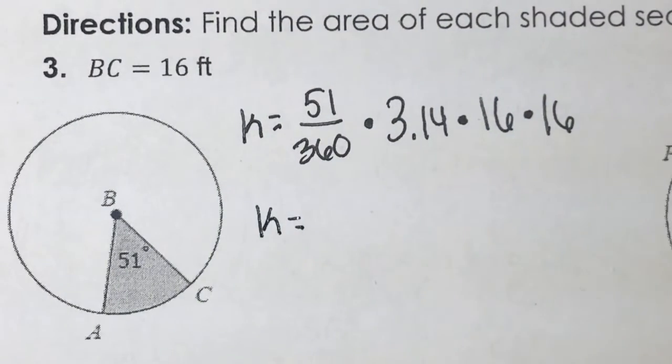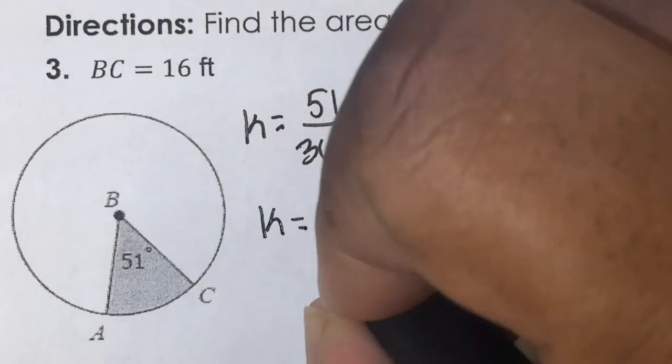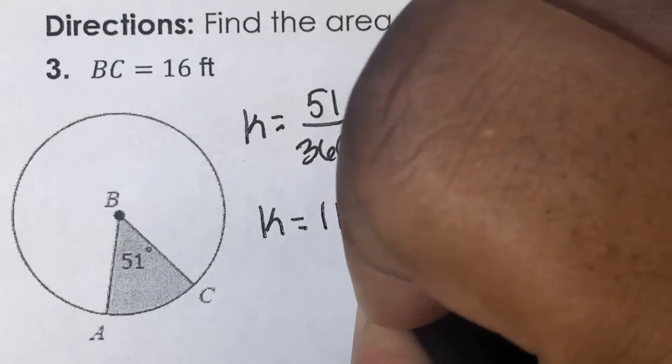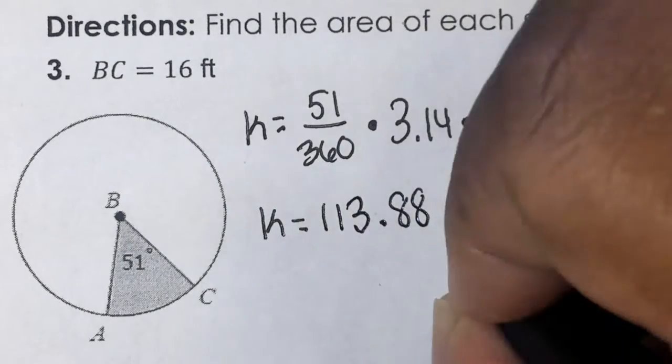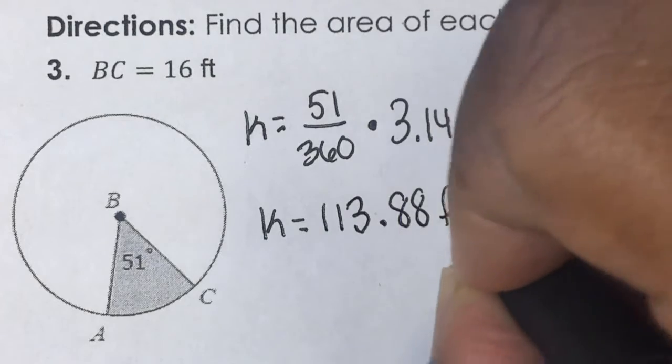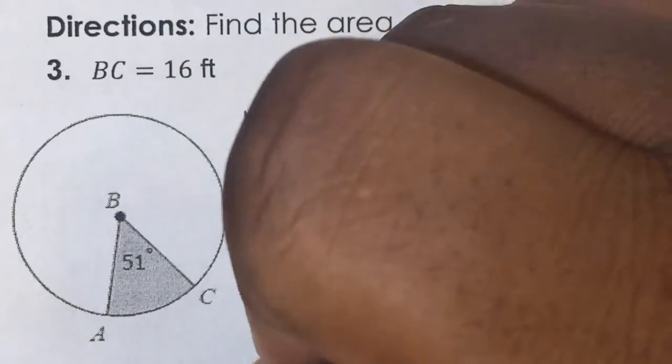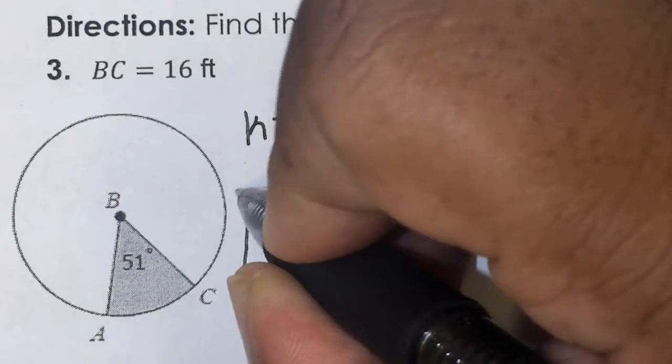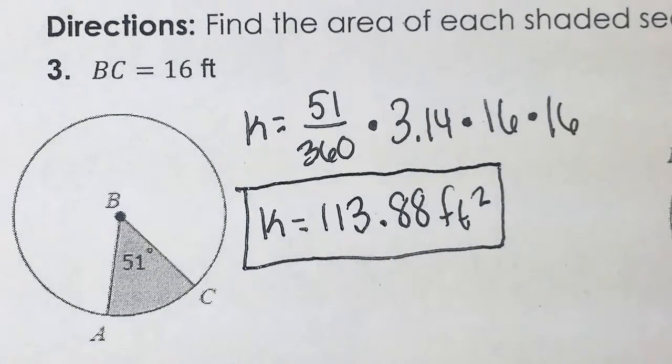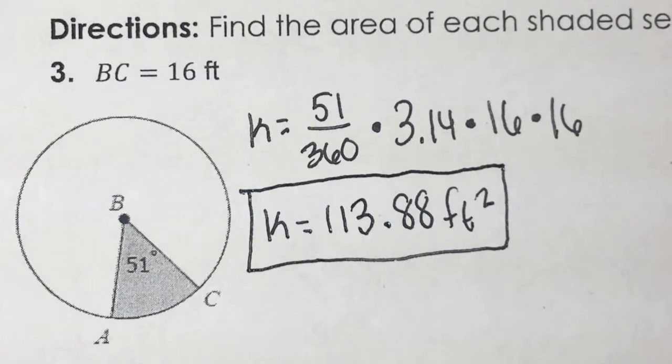Some of y'all still don't know how to round around here. One more time, 113.88. Got it. So this was feet squared. We're still finding area, so feet squared or whatever squared. That's all there is to it.